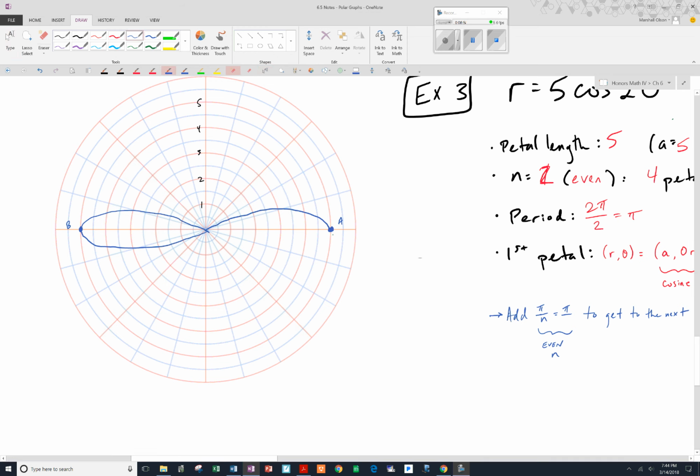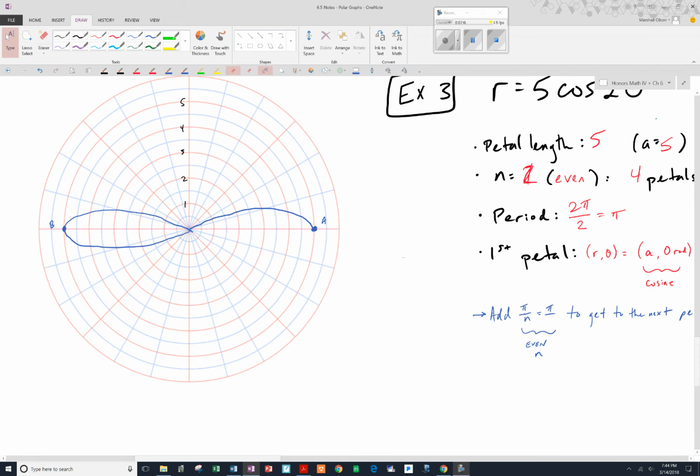Actually, let's just use how many petals we're going to have. We'll keep adding that pi. My next petal tip then is going to be down, right here on the y-axis, which is actually the pi over 2 point, but it's going to have a negative r value, so I'm down below here.